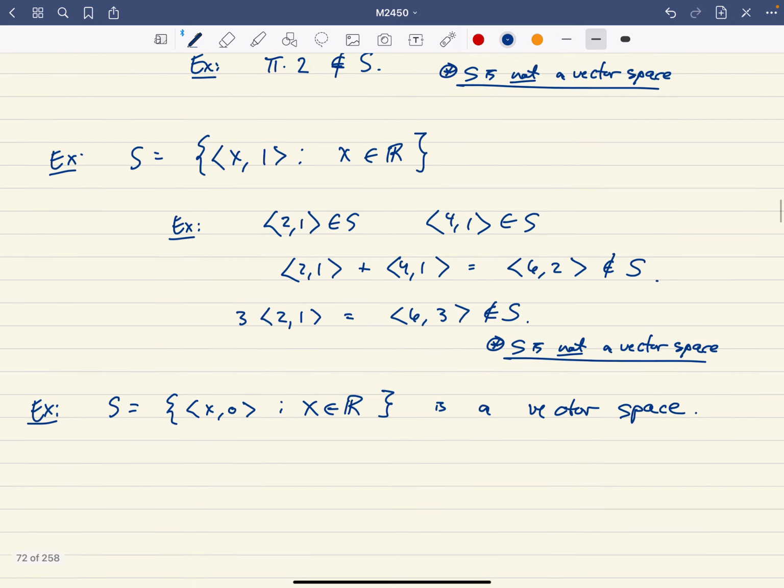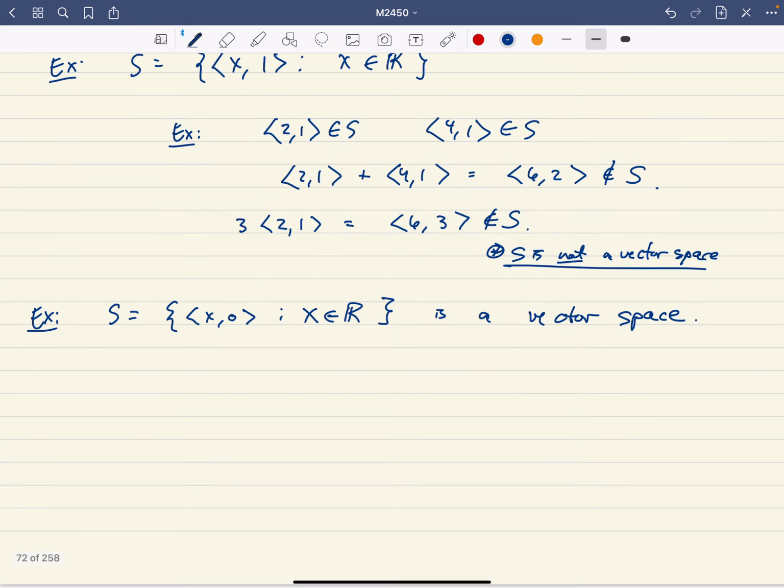So it's closed under vector addition, and it's closed under scalar multiplication, because when you add two vectors whose last component is 0, the second component of the sum is going to be 0 plus 0, which is 0. And if you scale it, you're going to get c times 0, which is also 0 for any real number c. So it turns out that those two properties are satisfied. All the other properties are satisfied as well, and we'll give some nice, easy conditions to prove that this set is a vector space. We'll do that in the coming videos.